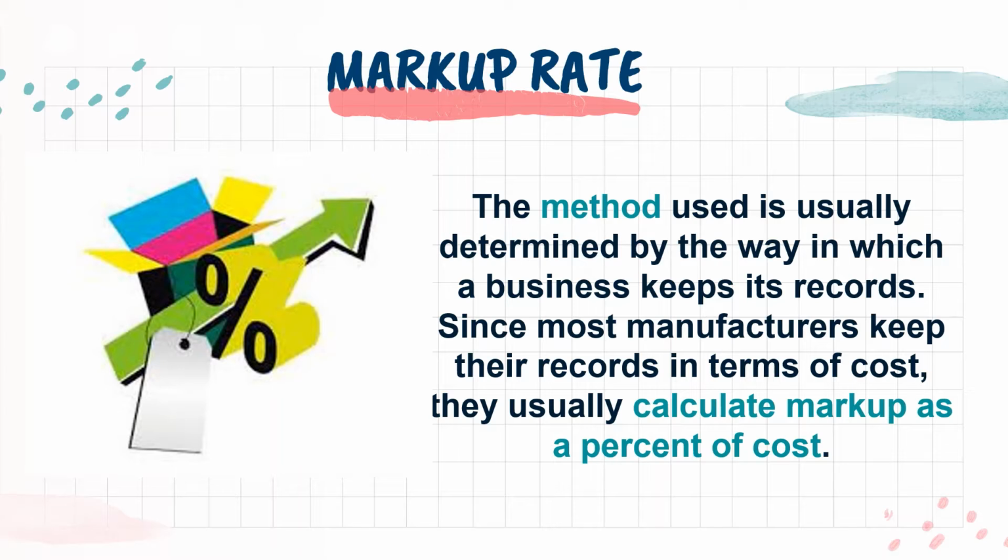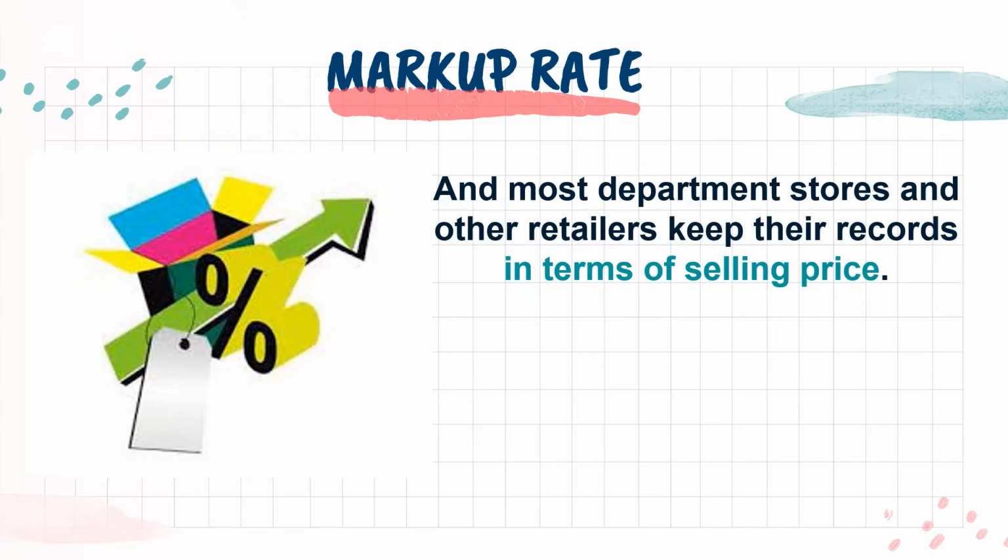Markup rate: the method used is usually determined by the way in which a business keeps its records. Since most manufacturers keep their records in terms of cost, they usually calculate markup as a percent of cost. And most department stores and other retailers keep their records in terms of selling price.